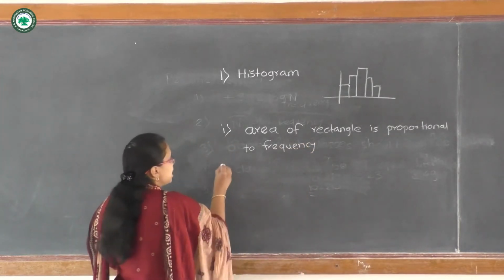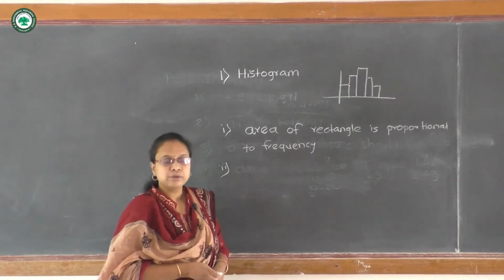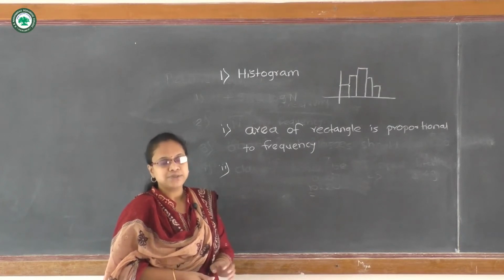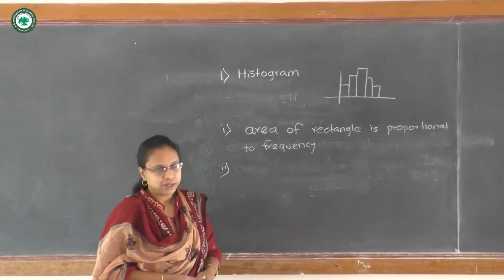And when the class widths are unequal, means suppose classes are 0 to 5, 5 to 20, then 20 to 30. Here we note that class widths are 5, 15 and 10. So they are unequal.